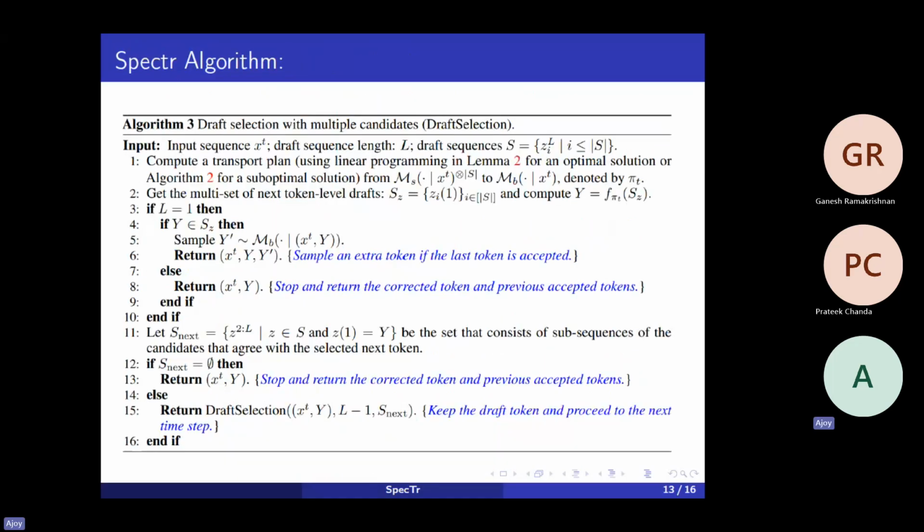Now how would you sample from all the k drafts for the large model? This is basically an algorithm. You take k drafts of L token length from the smaller model, and you compute this optimal transport map, which is approximate, for those k samples.